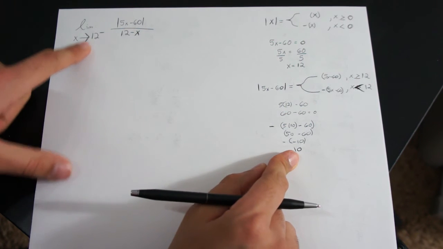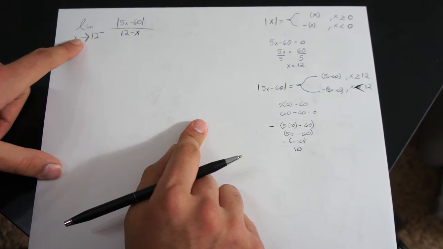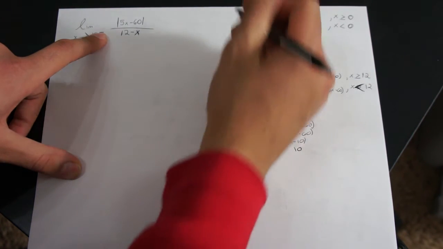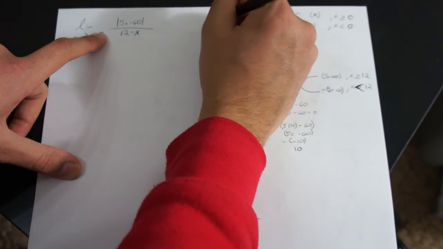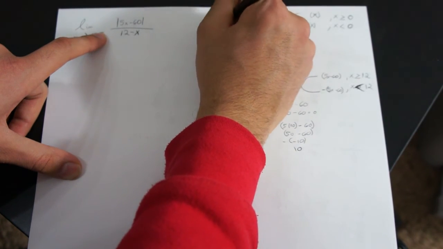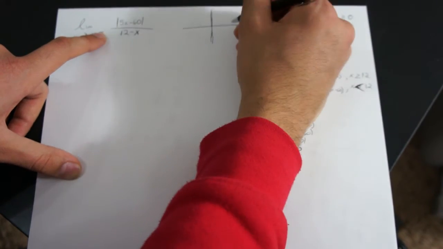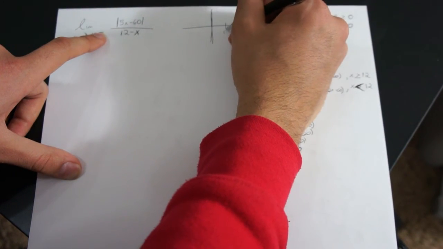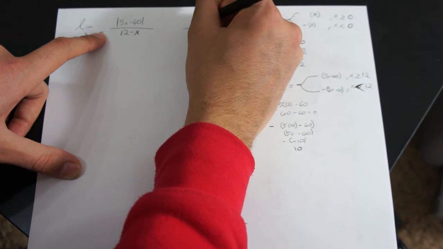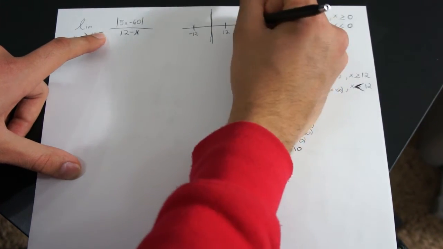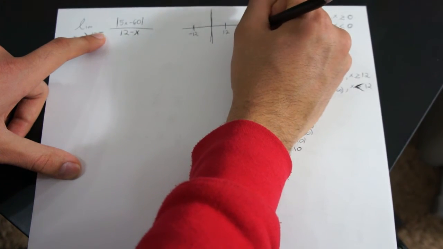And so now coming back to here, we're looking at the limit as x approaches 12 from the left, to be specific. If we just have a graph here, and say okay, here's 12, here's negative 12, there's 0, here's 24.